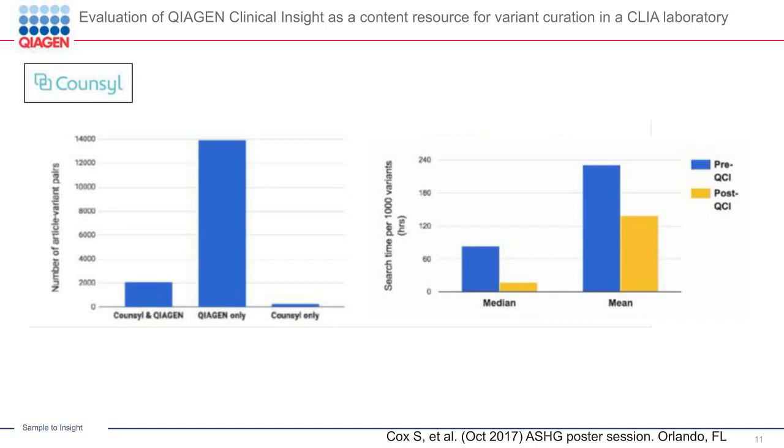In addition to this, you can see that there was a tremendous amount of time saved in searching for variant-specific publications, which you can appreciate more fully in the median graph, where the amount of time spent searching for variant-specific publications was decreased by an order of magnitude when using QCI. So overall, Counsel demonstrated there was clearly a value in adopting QCI Interpret into their variant interpretation pipeline, and they've now made it a key component of their variant assessment pipeline because they felt so strongly that it added tremendous value.